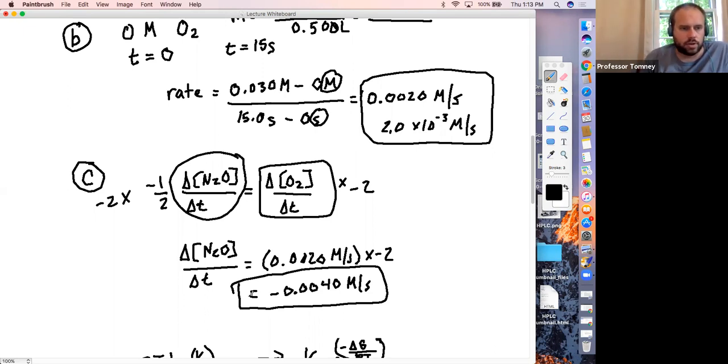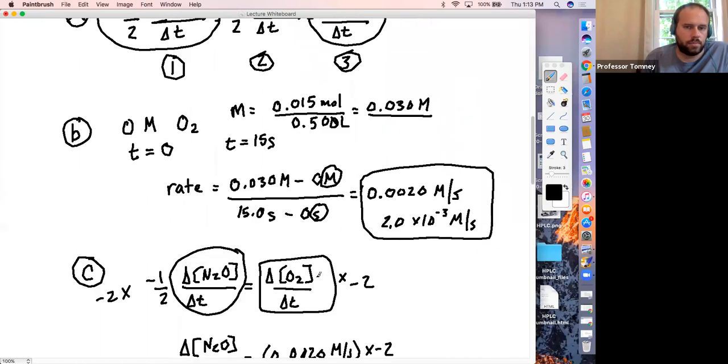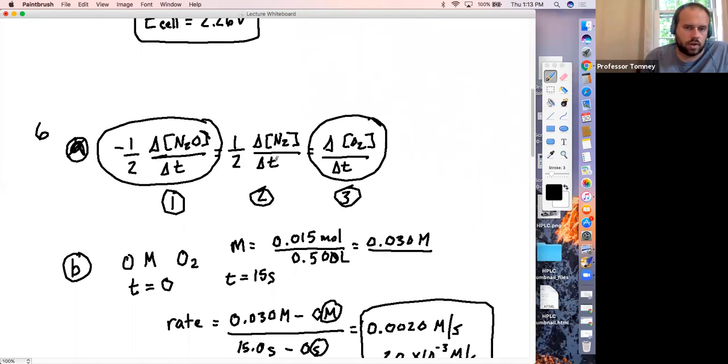All right, so again, this is a combination of A and B. A sets the relationship up, B solves for one of the rates, and then if I have one of the rates, I can relate it to all of the others based on the relationship they share in part A. So it would be completely possible to also solve for the appearance of nitrogen gas.